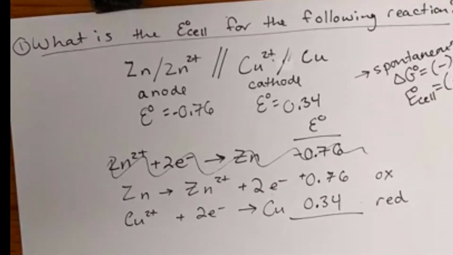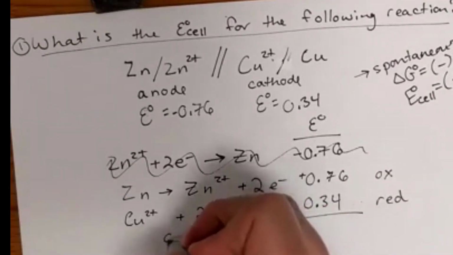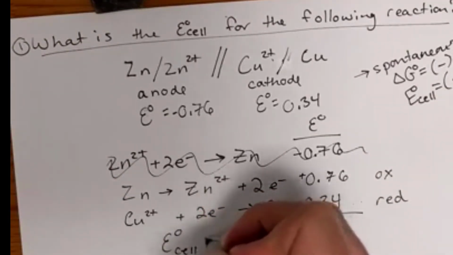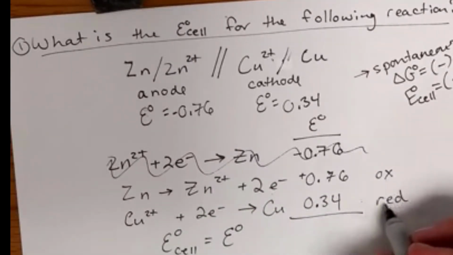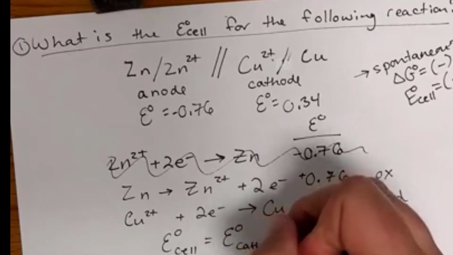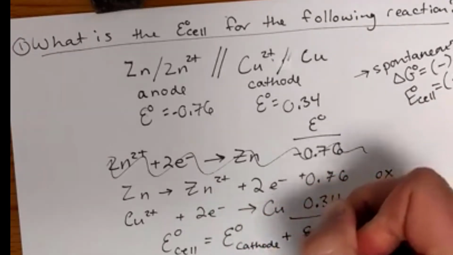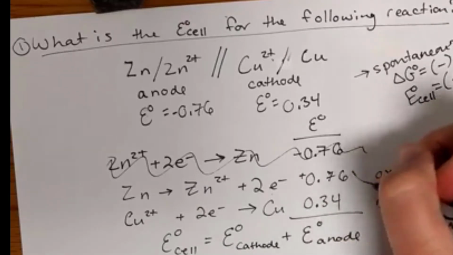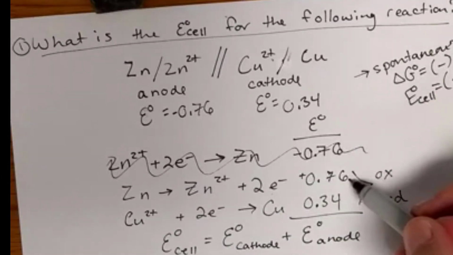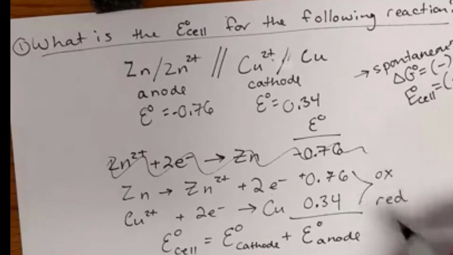Reduction occurs at the cathode. In order to find my E cell, that equals E of my reduction, so my cathode, plus E0 at my anode. All I'm going to do is add these two. As long as I have flipped this around like I should have, I'm just going to add these two together.